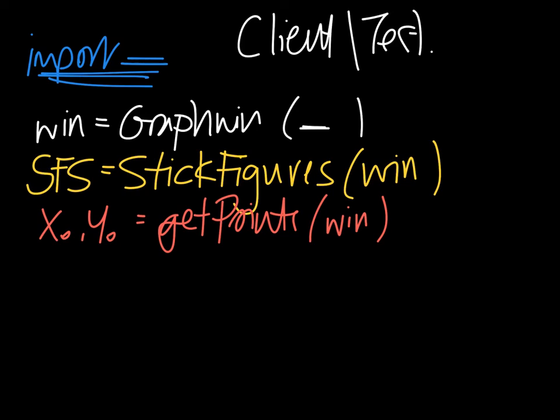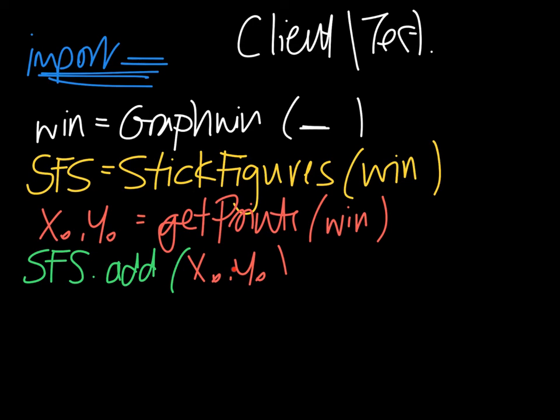This gives me my points. Then I simply call my add on the stick figures and pass it these two values. What we know is this line creates a stick figure and adds it to a list. Now, if you're not sure what that means, go back and have a look at the previous slides or go back and look at the files.